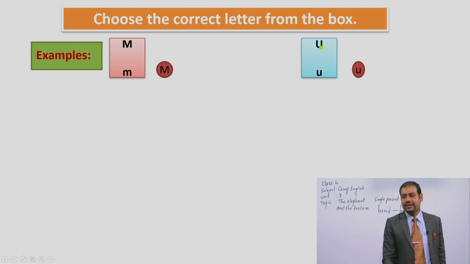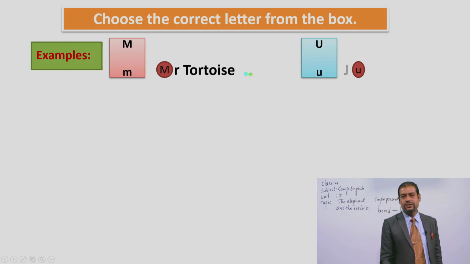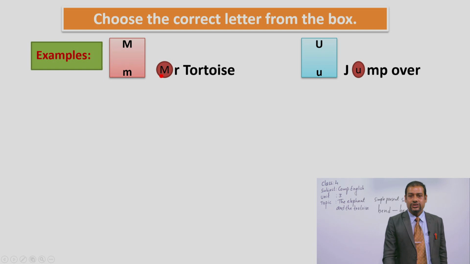Capital U is written, small u is written. Now the word given here is Mr. Tortoise. In the beginning of the word, you have to practice writing a capital letter. And here we don't write a capital letter, because it is not the starting of the word. That's why we write small u.